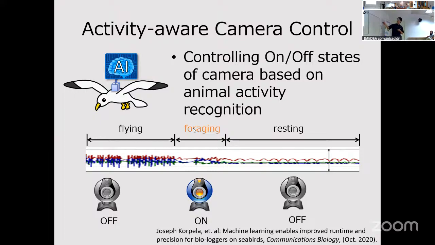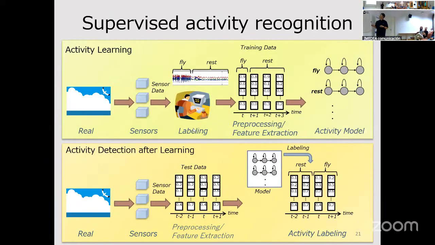And AI analyzes, and only when interesting behavior is detected, we turn on the camera. Otherwise, we turn it off. By doing so, we can efficiently manage the battery of the device. This is an overview of the method, but I will explain in brief.